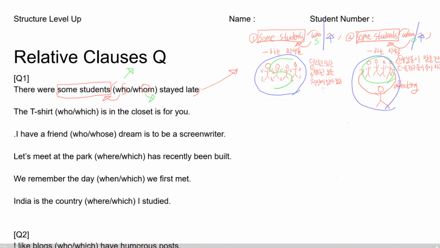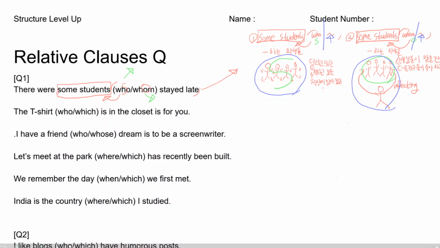If we said some students who, then it might go like 달리고 있는, 공부하고 있는, 책상에 앉아 있는, something that some students would do, right? If the sentence would go some students whom, then the sentence would go this way, like 선생님이 말을 거는 학생들, 다른 친구들이 좋아하는 학생들, right? You get that objective feeling, right?